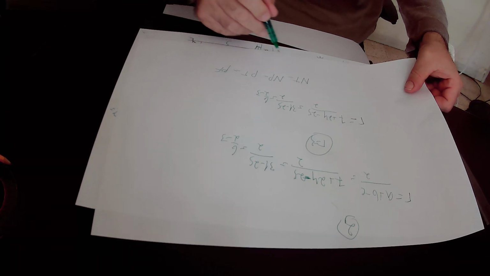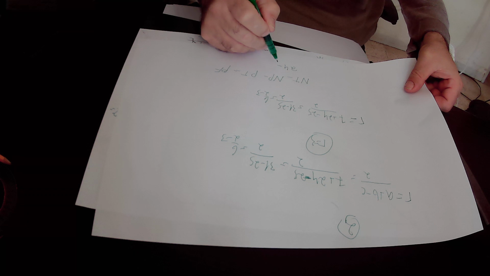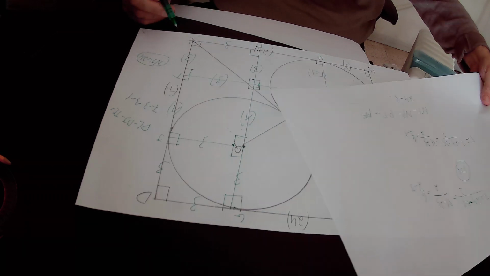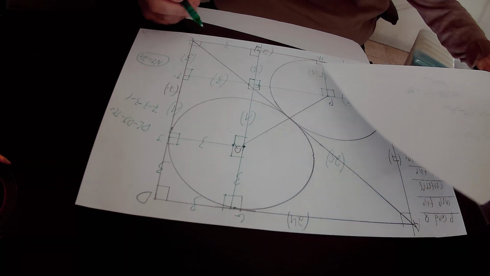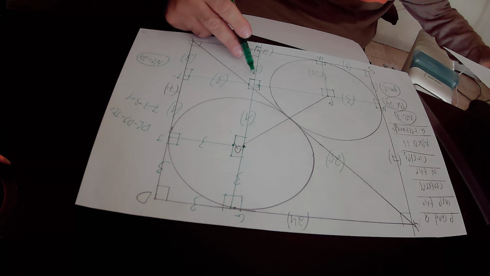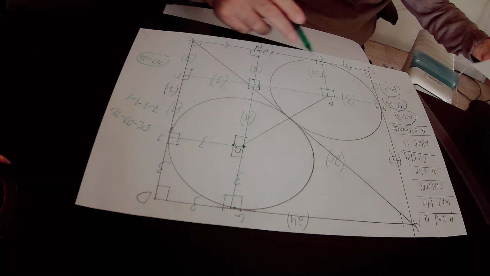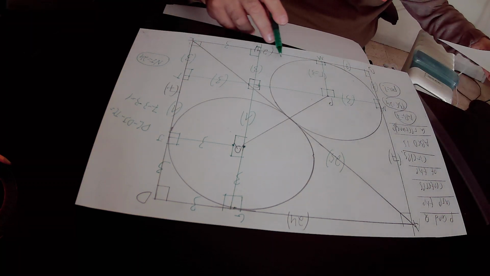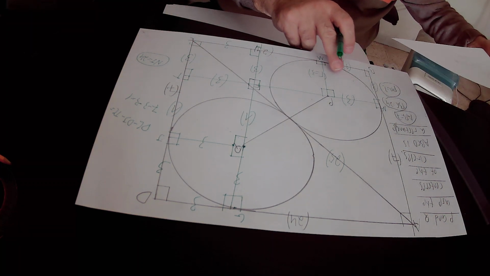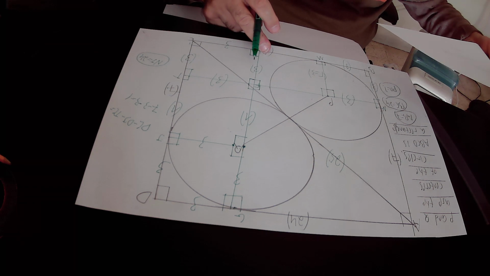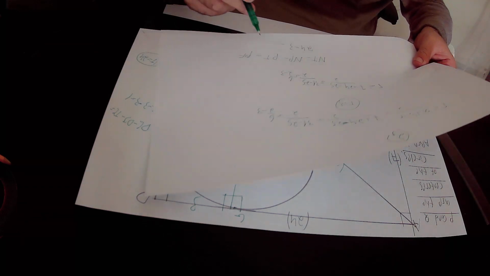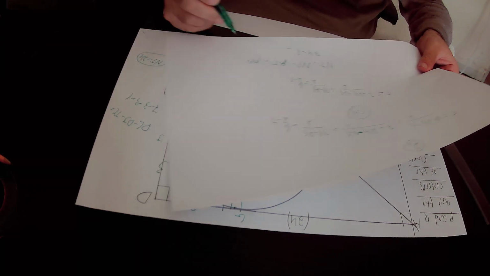So NT is 24 minus NP, that is 3, minus FT.